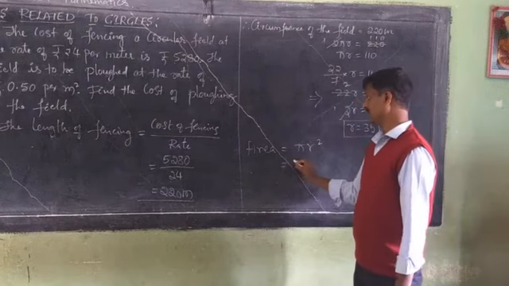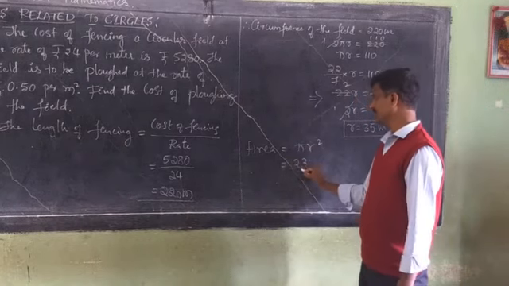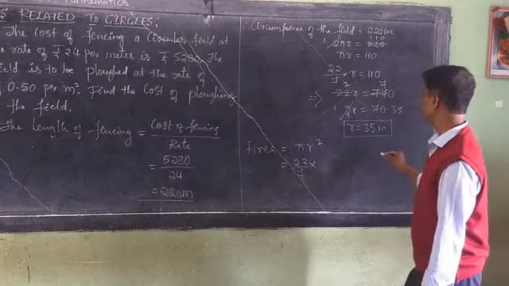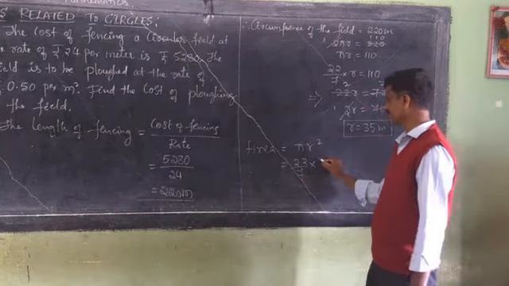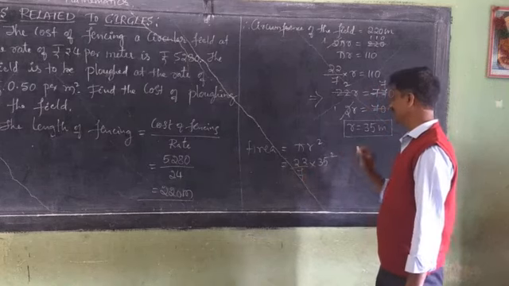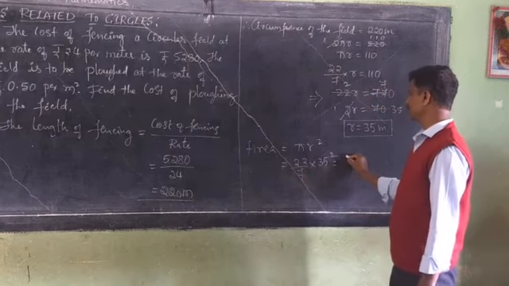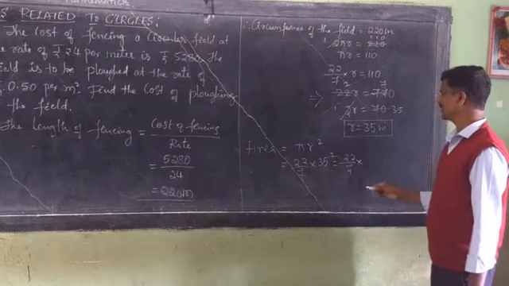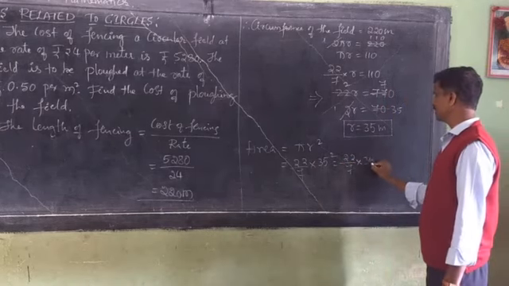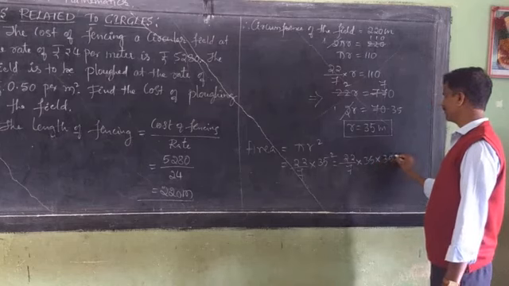Pi is 22 by 7, and r means the radius of the circle, that is 35 meters. So the area is 22 by 7 into 35 square, which is 35 into 35.